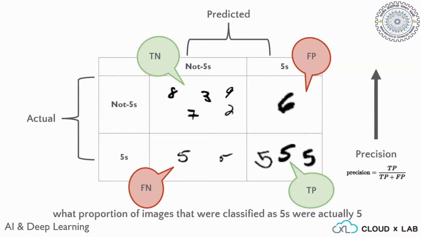So suppose you are building a system where you are recommending videos for kids, right? Some videos you will recommend as safe, and some videos you will recommend as not safe for kids, right? So there, what do we want, high precision or high recall?